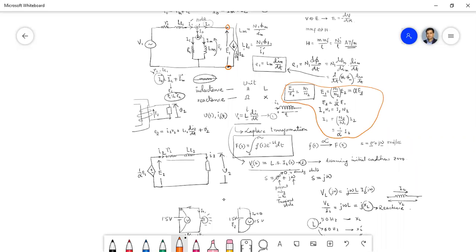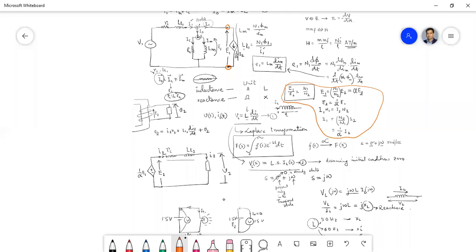Remember, the primary and secondary winding of a transformer is not a constant one. That means the primary coil, which you are calling primary, can also be the secondary. That depends on the source connected. The coil at which you have connected the source is called the primary, and the coil at which you have connected the load is called the secondary.